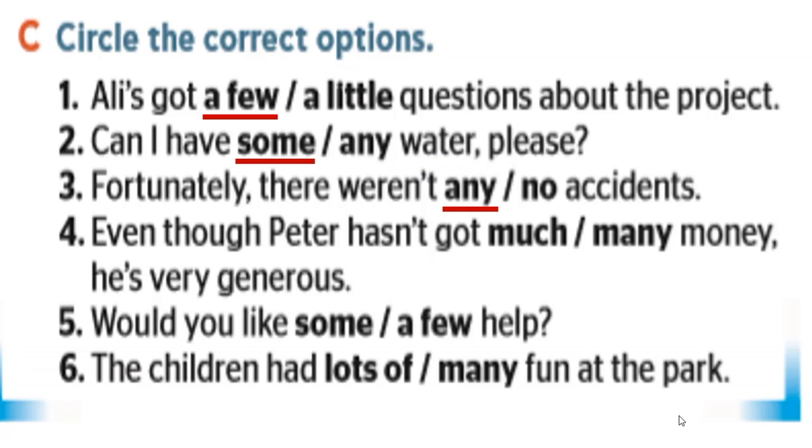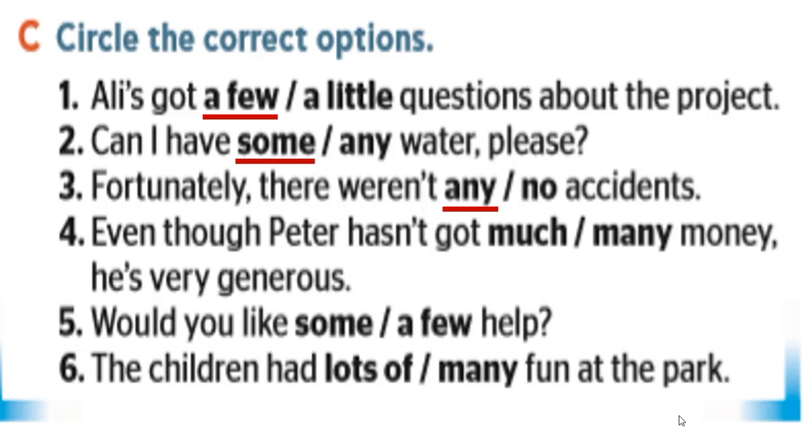Any, as I've just mentioned, is used in questions and in negative sentences. The weren't is the negative sentence. That's why we use any in this context. Fortunately, there weren't any, in the negative sentence.